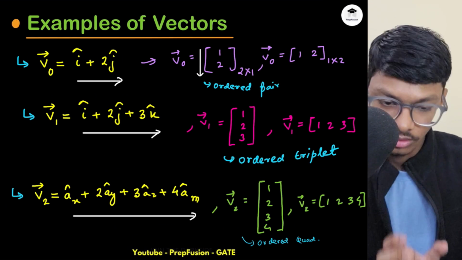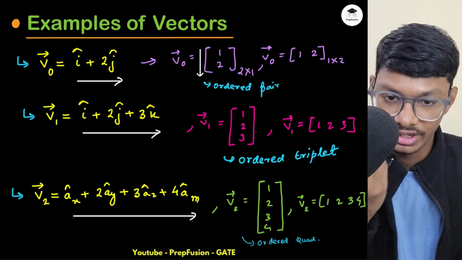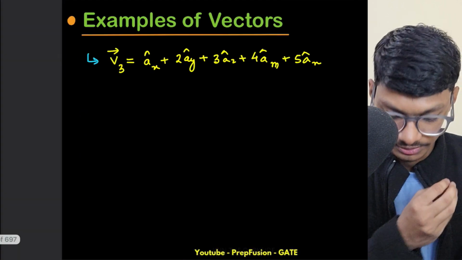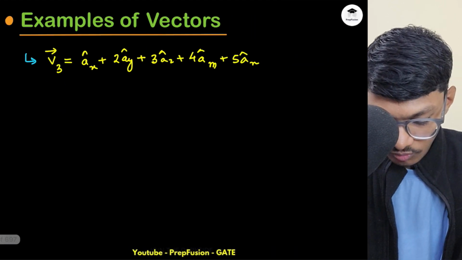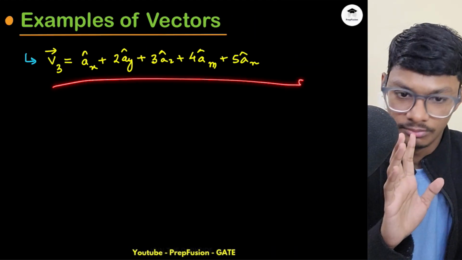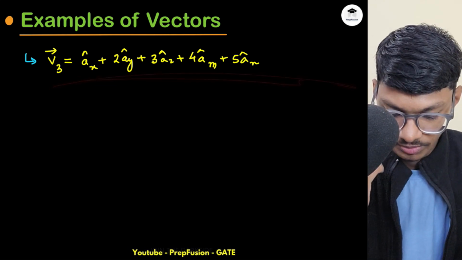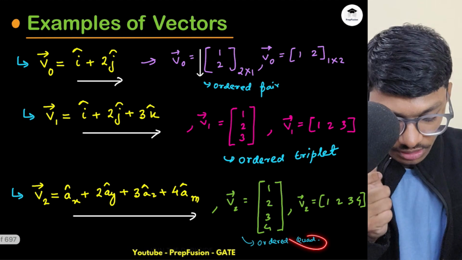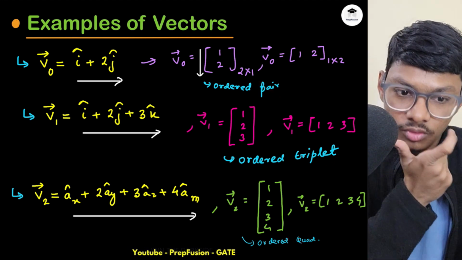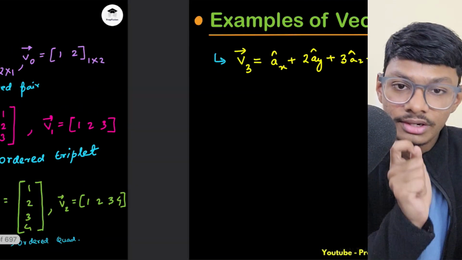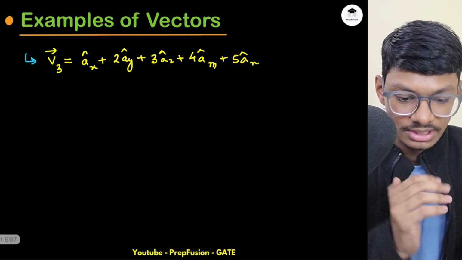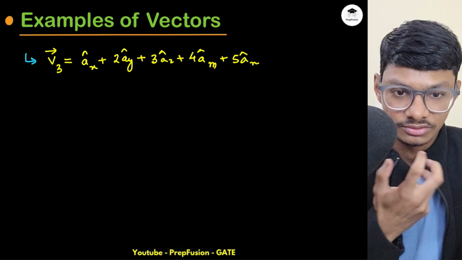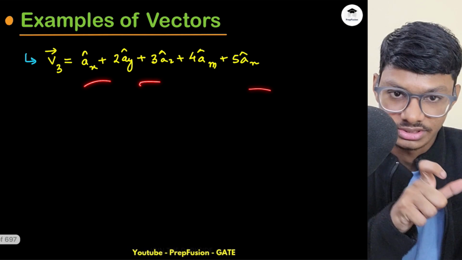So these are basically how we can represent vectors in the matrix format. Let's say now we have n number of vectors, right? Instead of quad, triplet, pair, we can't every time call different numbers. We call it a tuple. A tuple is another format we use to represent where these numbers won't change.